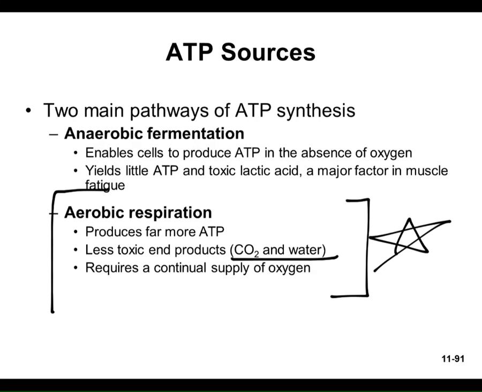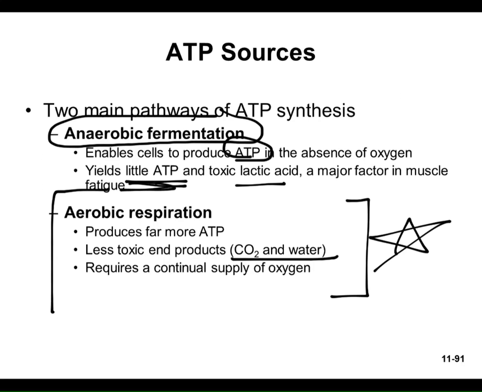Now, you can also make ATP during an anaerobic phase, but this is called fermentation. And what our muscles do when they ferment is make lactic acid. When there isn't enough oxygen immediately available to your muscles to keep up with their demands, you are going to make lactic acid and very little ATP.